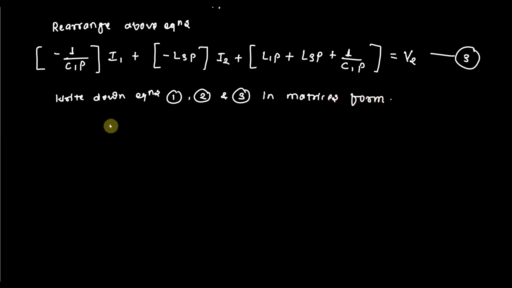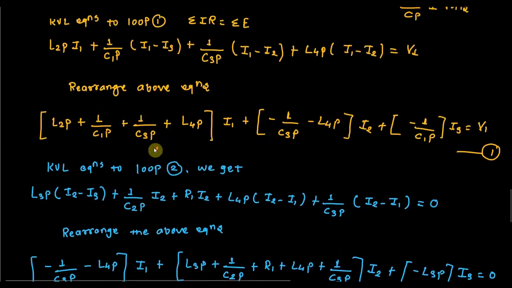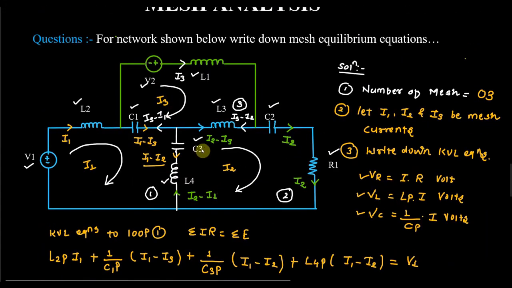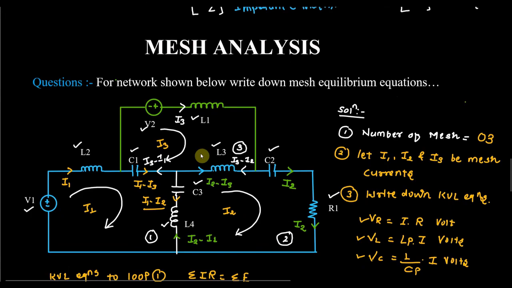Okay, so as there are three meshes, the size of the matrices is 3 by 3. Okay, so in that way we have written these three equations for this given network.